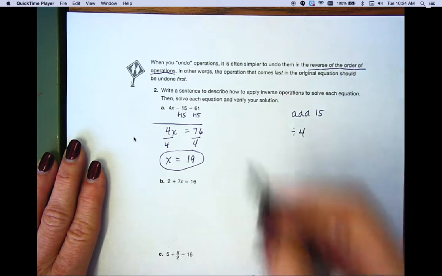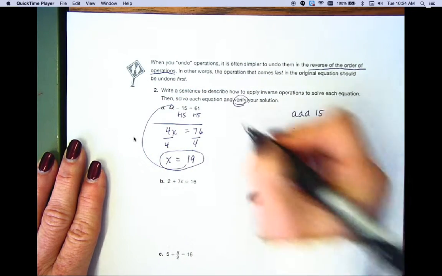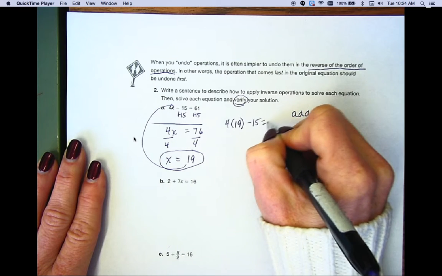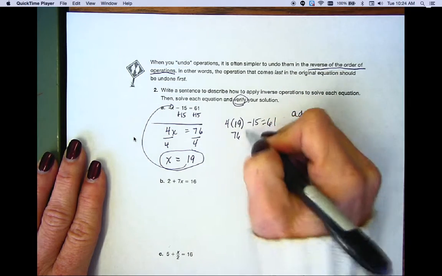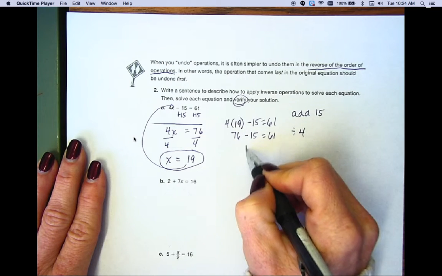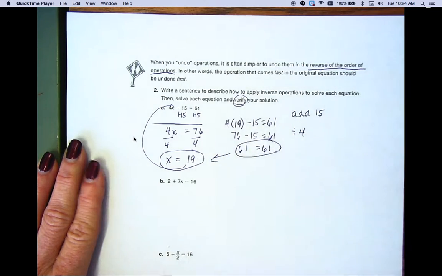I can always verify, which it asks me to, by putting 19 back in. So I have 4 times 19 minus 15 equals 61. 19 times 4 is 76 minus 15, so I'm going to check that. I do get 61 equals 61, so I know for sure that's correct.